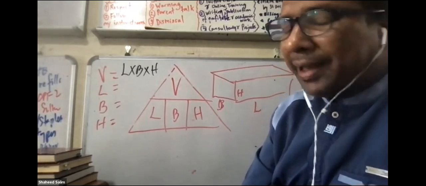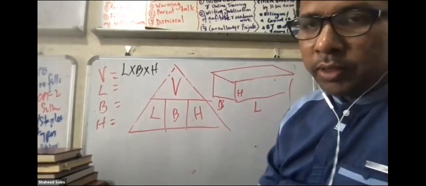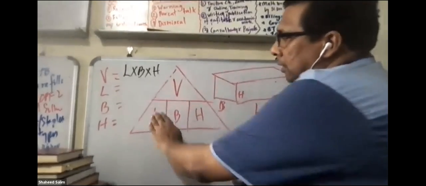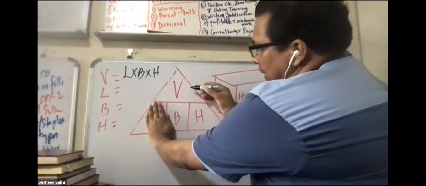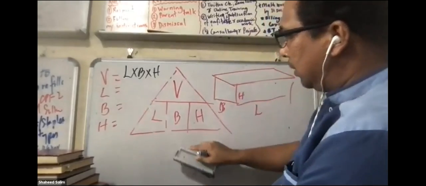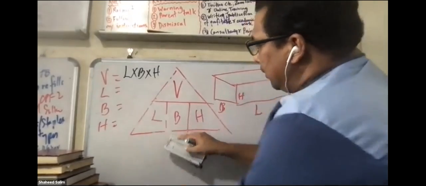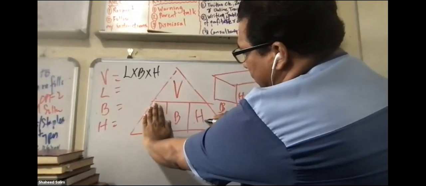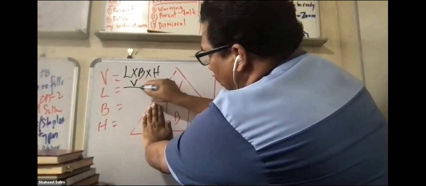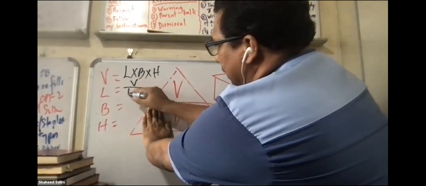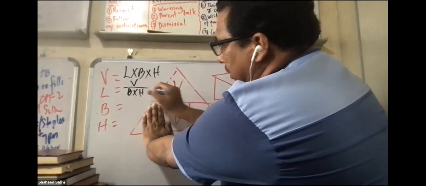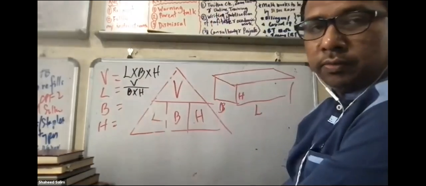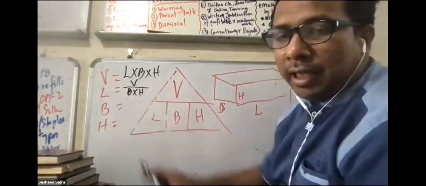Putri, for length it is inverted. Dawish, Zahin, if you want to find length, cover length. Can you see the formula is given here? Volume over breadth times height. So you try for breadth and height.